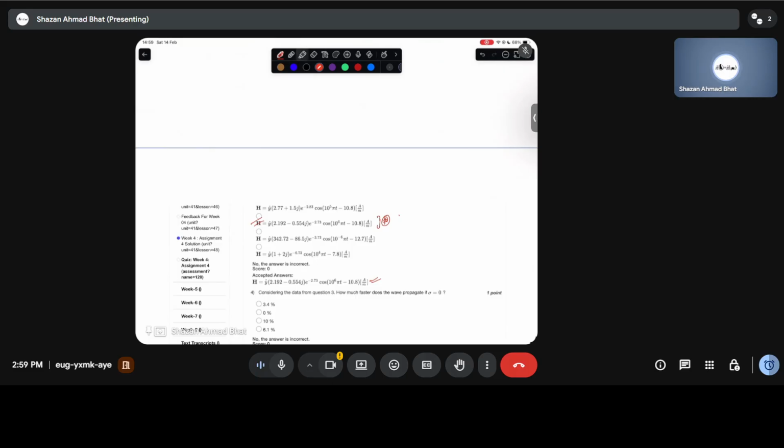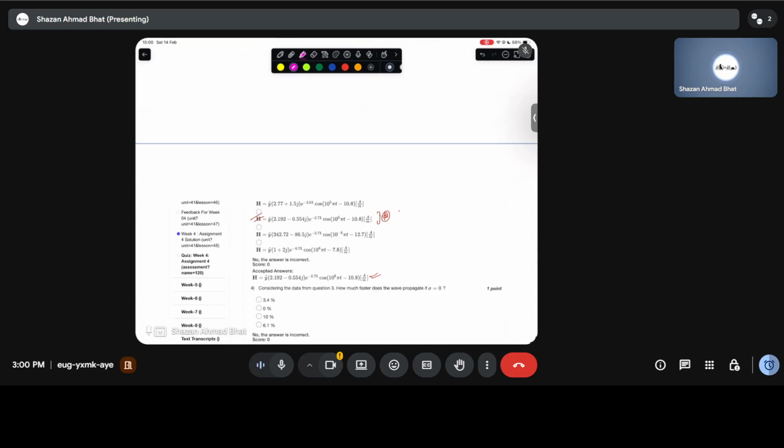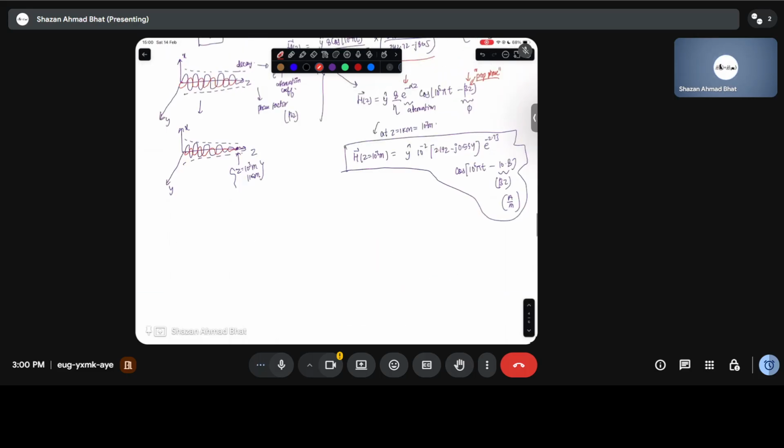So now moving to question 4, which is also related to the same question we are dealing with. It says that considering the data from question 3, how much faster does the wave propagate if sigma equals 0? That means if it was a lossless medium. Up till now, this was all for a lossy medium.